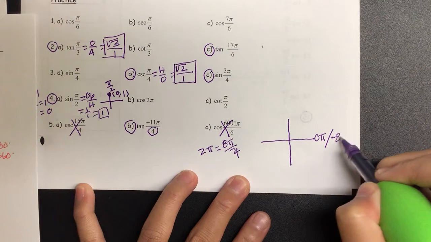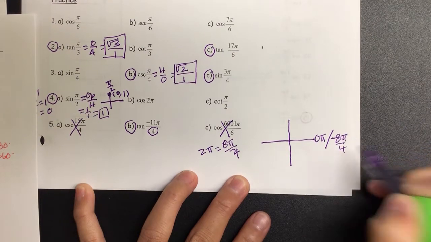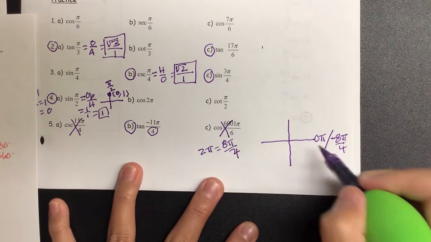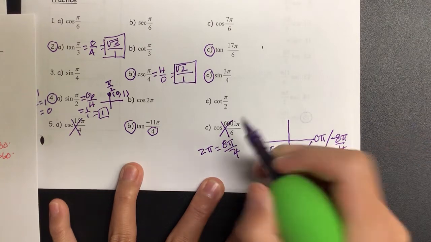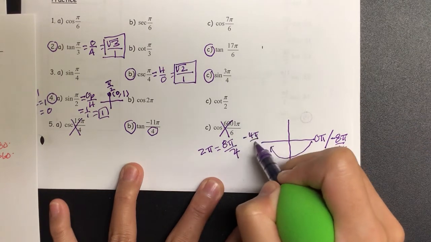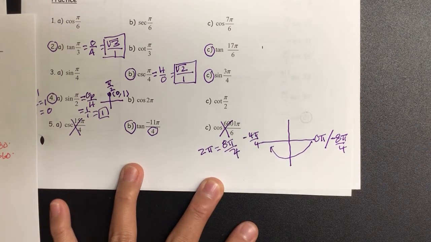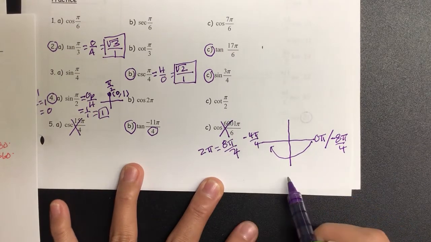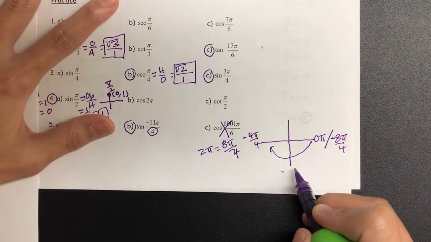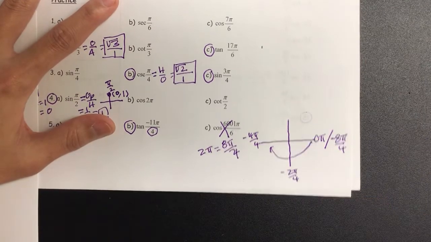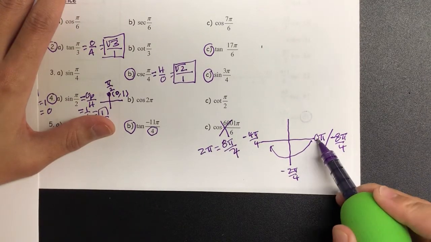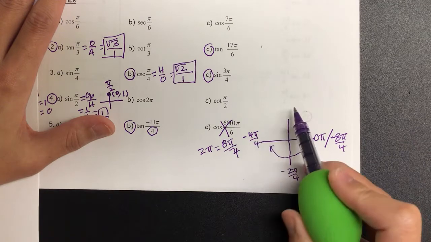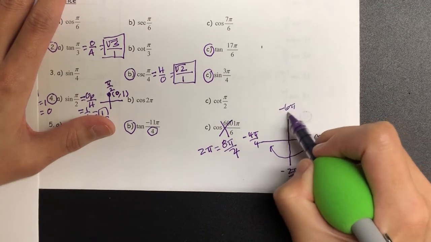This will be negative 11 or negative 8 pi over 4. Because I'm going the opposite direction, this is negative 4 pi over 4. If that's 0 pi and negative 4 pi, what is down here? Negative 2 pi over 4. So we're counting by negative 2's. 0, negative 2, negative 4. What goes up here? Negative 6 pi over 4.